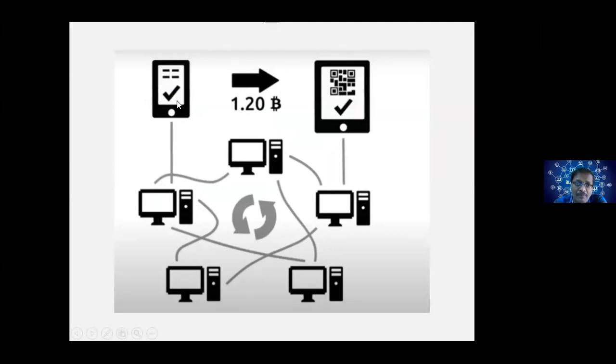We can assume this is Bella and this is John, and Bella is transmitting 1.2 Bitcoins to John. This is one transaction. Many other systems can send Bitcoins between them, and there may be many such transactions. Such transactions we can keep in a ledger.